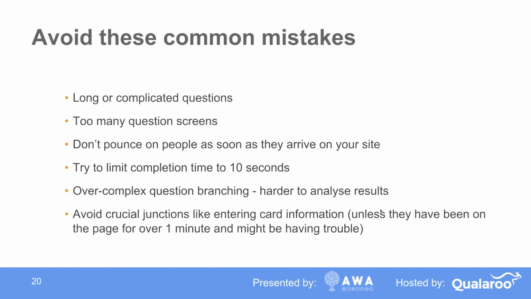But it's something certainly to consider if you're short on resources. And then you want to avoid asking questions on crucial pages. For example, where you're entering card information, where people may be particularly sensitive about giving you answers.